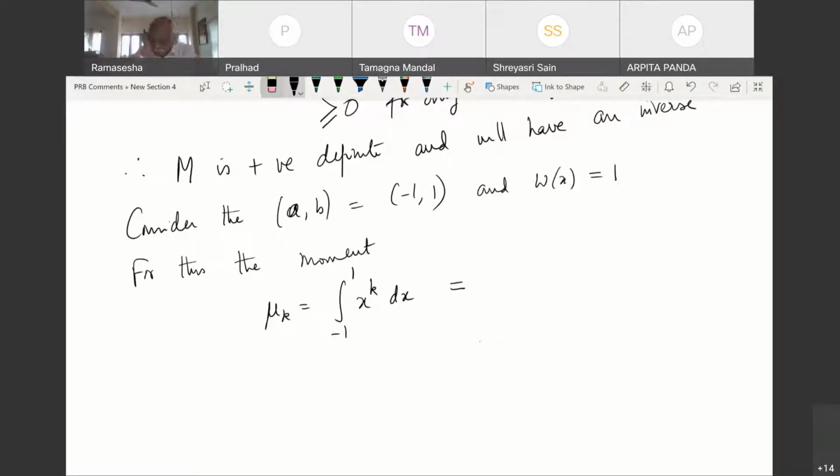We have done integration. If you can't answer what the value of the integral -1 to 1 x to the power k dx is, there is no point doing this class. Give me the value, don't give me a formula.